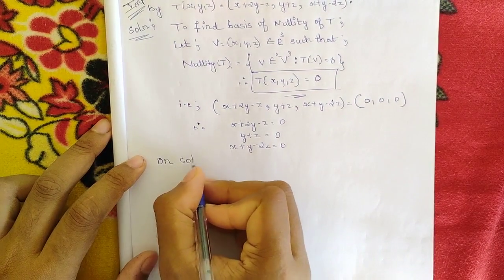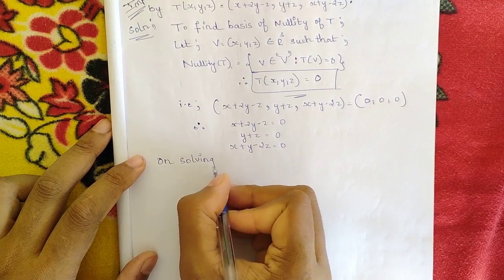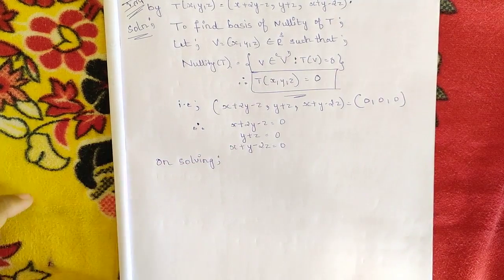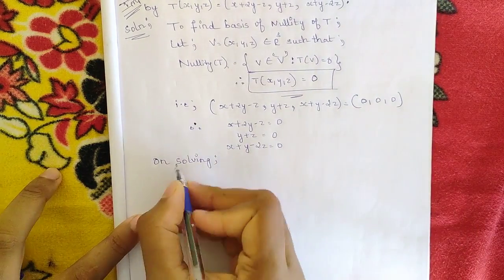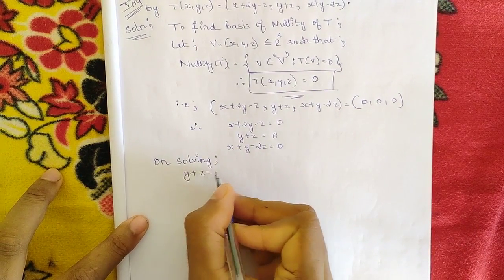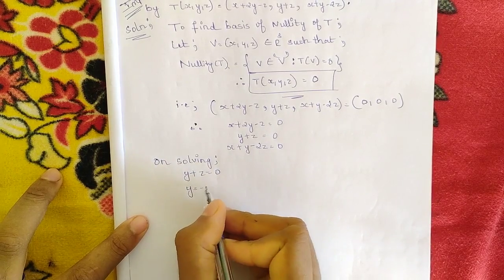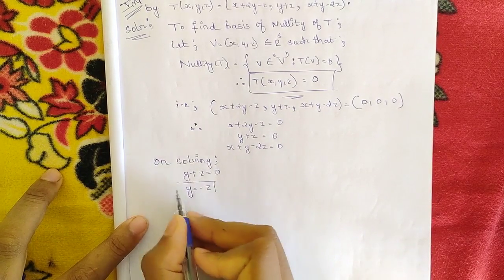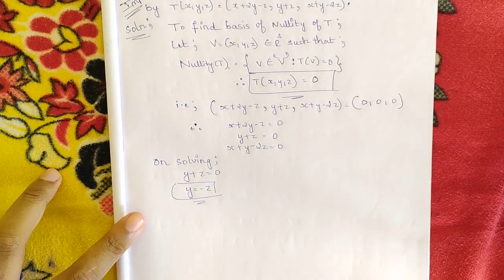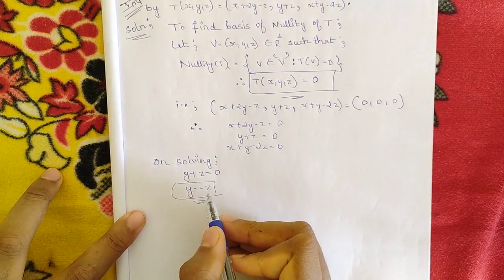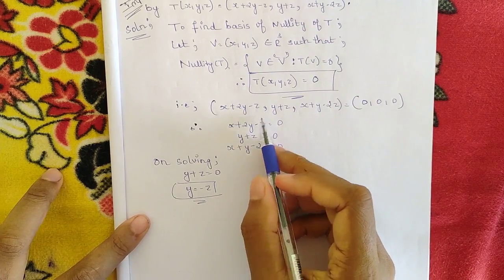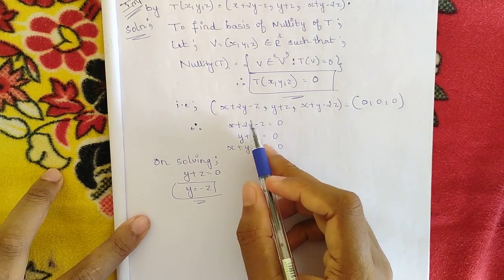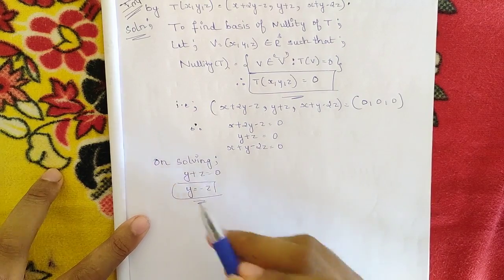On solving, first let us write the smaller equation, y plus z equal to 0. So we get y is equal to minus z. Since y is minus z, in the other two equations I write x and y in terms of z only.